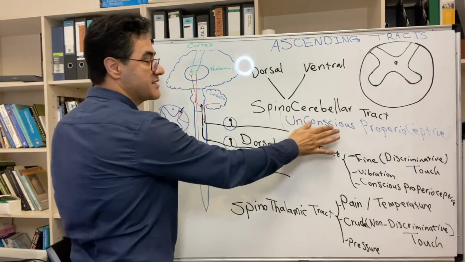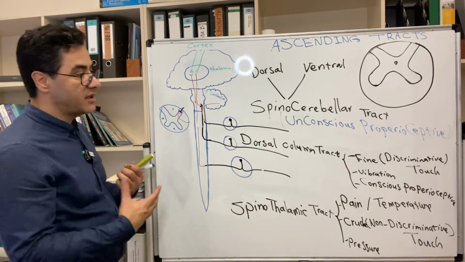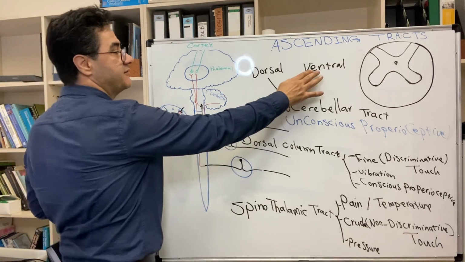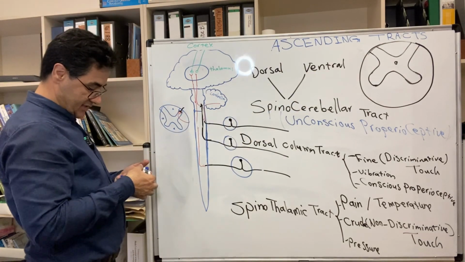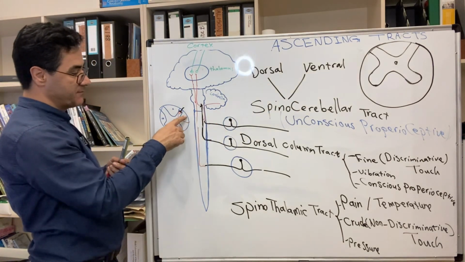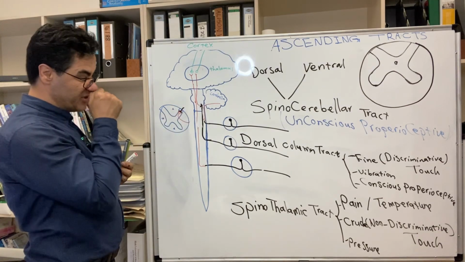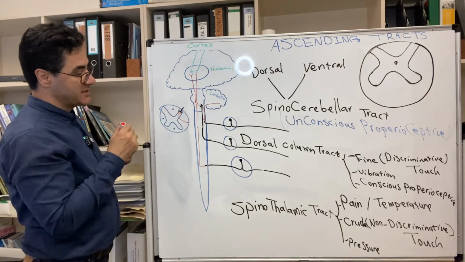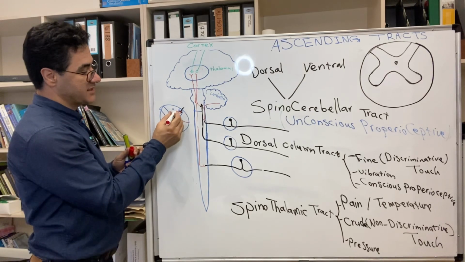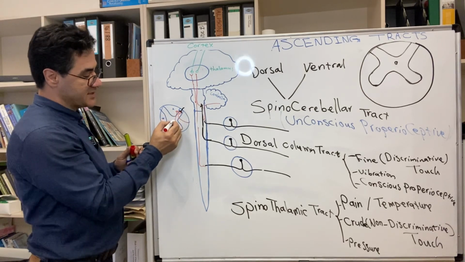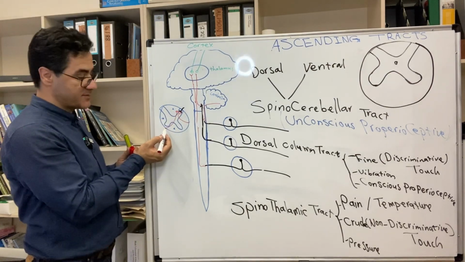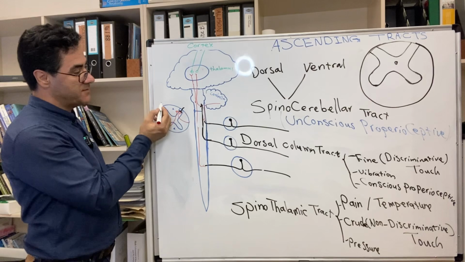They carry the same unconscious proprioception, but the big difference is that in the ventral spinocerebellar tract, when the first order neuron gets into the spinal cord, it synapses onto the second order neuron. Imagine that this is the second order neuron. It crosses the spinal cord, decussation happens in the spinal cord, and it goes up.